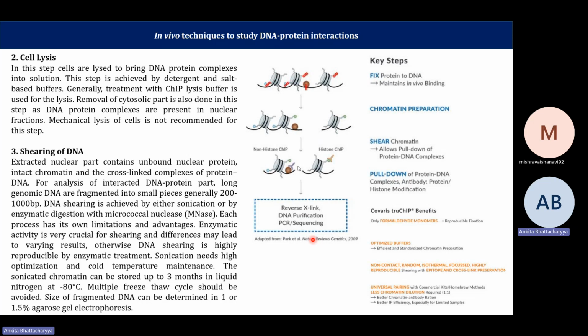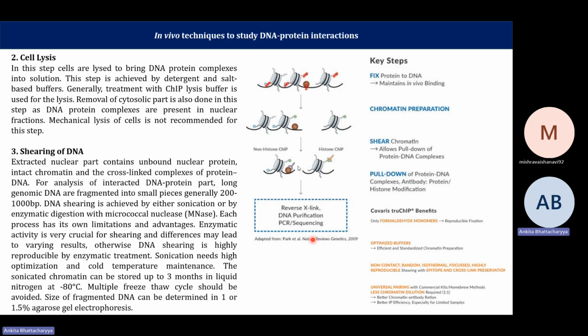So instead, shearing or sonication of the DNA is carried out, as a result of which the entire chromatin gets fragmented into little regions depending on what parameters you set. Somewhere around 700 to 800 base pairs is mostly considered ideal. Again, if your protein is very large, you have to adjust accordingly and vice versa.